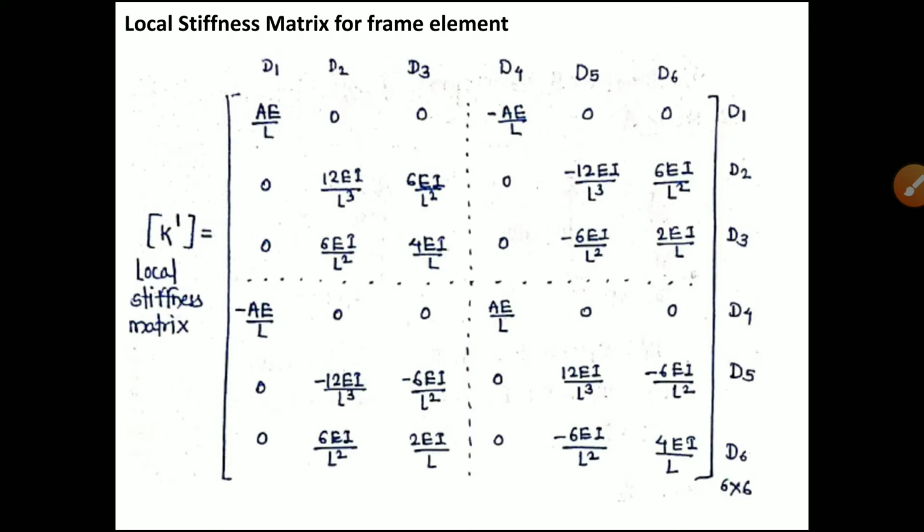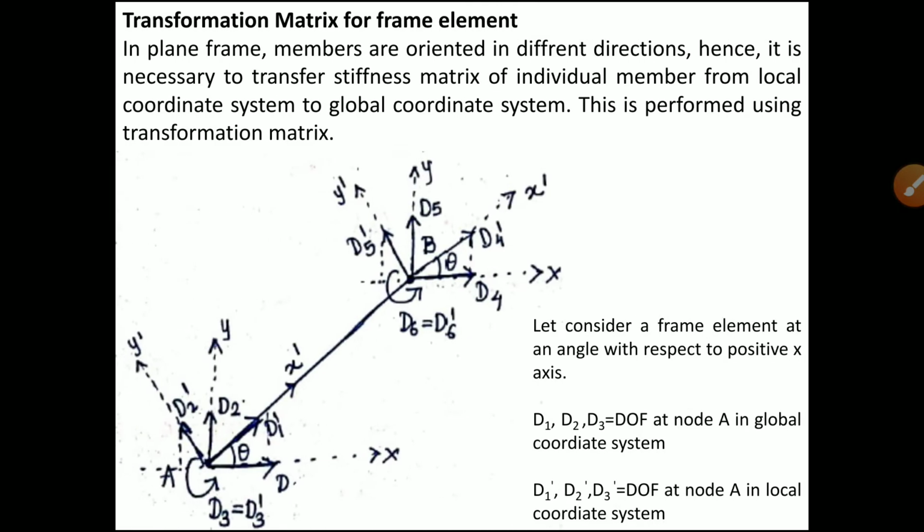Now in the second part, today's video, it will cover the transformation of this local stiffness matrix into a global stiffness matrix. Here this is the transformation matrix for the frame element.